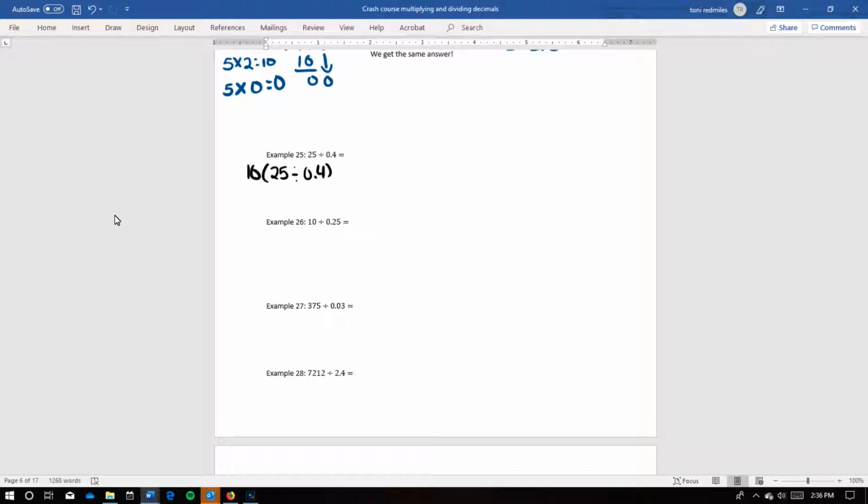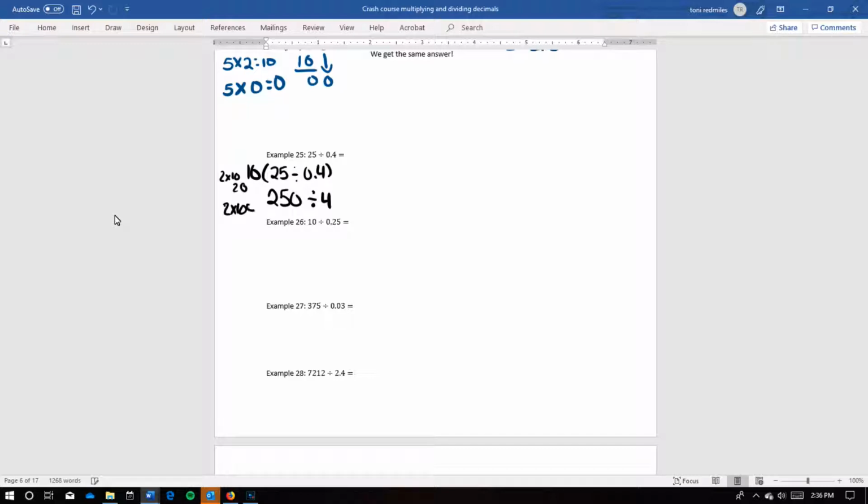Now if I multiply 25 by 10, I'm going to get 250. And if I multiply that 0.4 by 10, it just moves that decimal one place and it's a 4. You could do the math out, grab a calculator, whatever you need to double check what I'm telling you, but if you multiply by 10, it just moves the place value over.